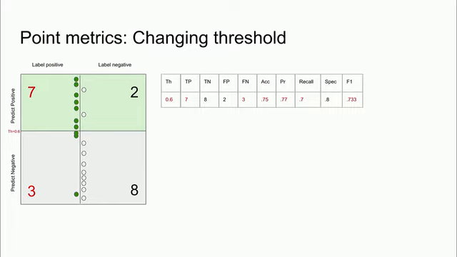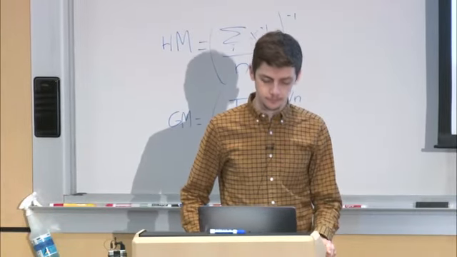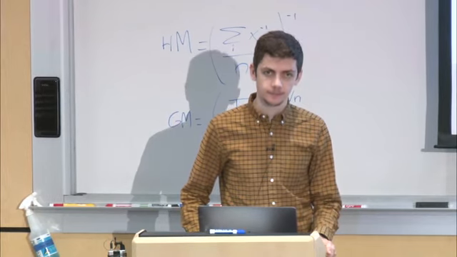So we call it an effective threshold because each effective threshold actually has an effect on your point metrics. It turns out that the number of effective thresholds you have is just n plus 1, where n is the number of examples you have. Any questions on thresholds?